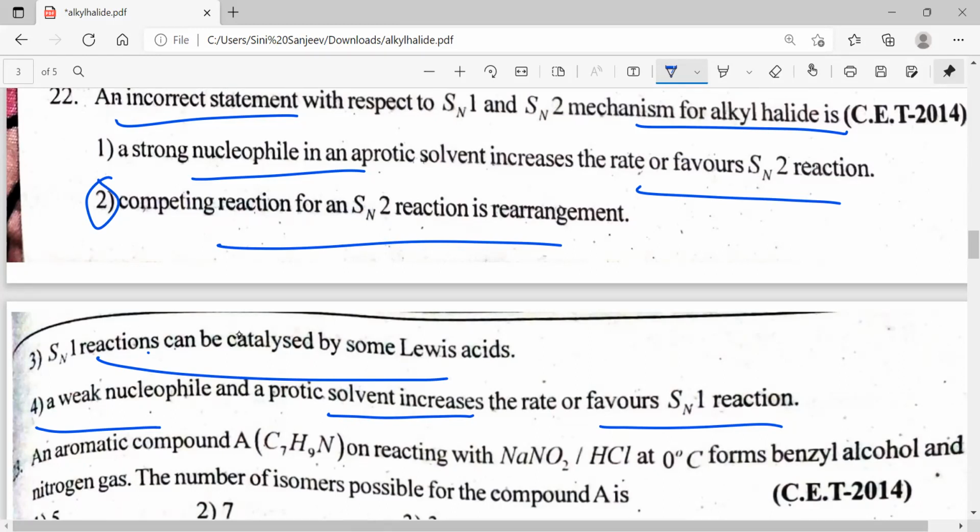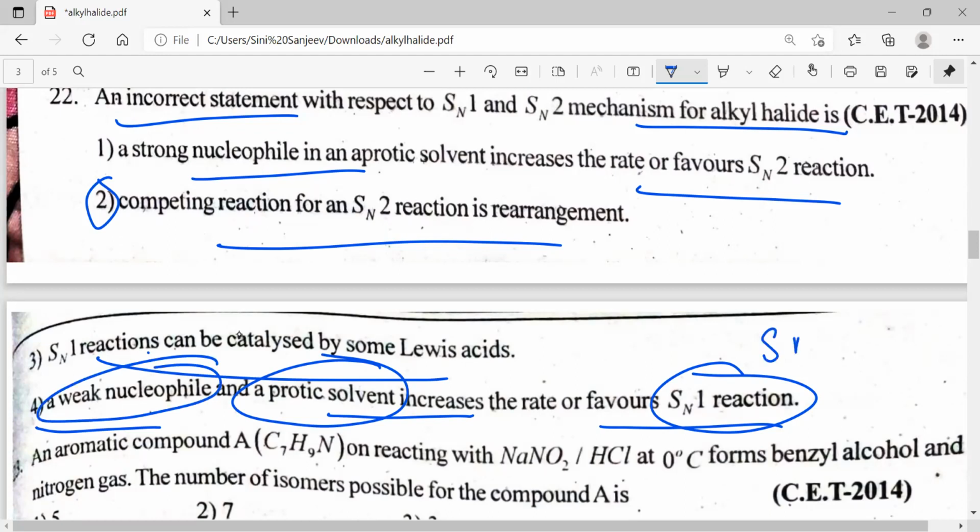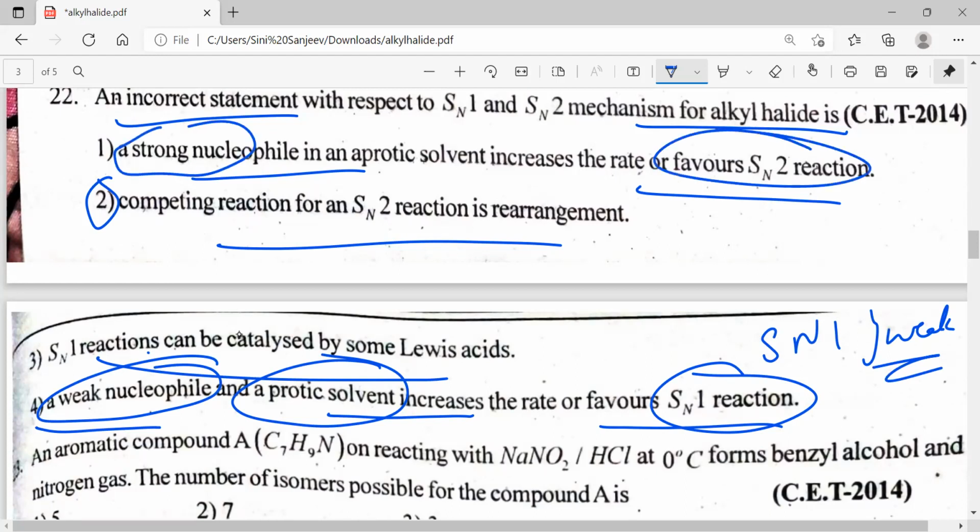For this, we have to know the concepts really clearly. SN1, I told you what it is. It is a polar solvent. It is a protic solvent. Correct. And SN1 also has a weak nucleophile. So SN2 will be what? Strong nucleophile. Yes. So this is the correct thing. 1 and 4 are correct.